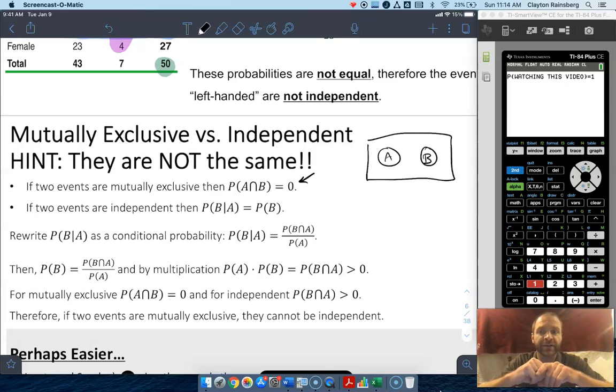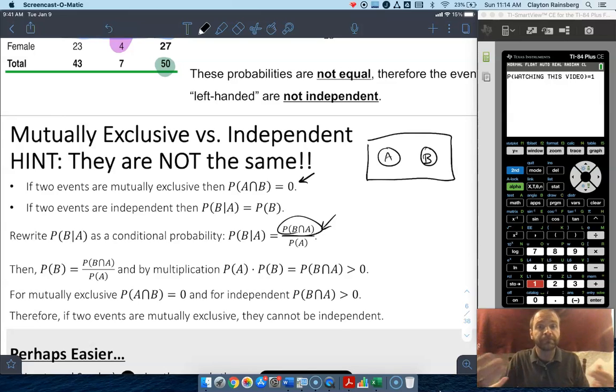That's independence. Now we can write this conditional probability, event B given A, using a formula. And this is the formula right here. The probability of event B given A is going to be equal to the probability of the overlapping, because that's what this represents. This represents the overlapping.